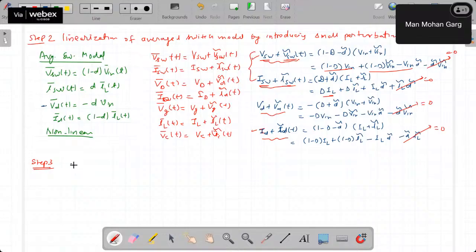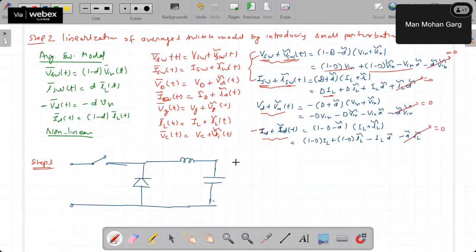We had Vin, and this is our inductor, this is our capacitor, and this is our load. This was our original circuit. Okay. Now we have across this switch the terms ISW and VSW. Similarly, here this ID and this VD.